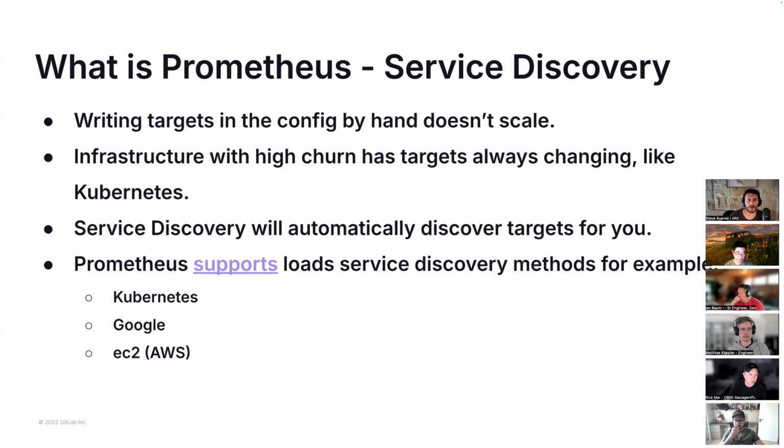Prometheus supports a lot of service discoveries out of the box. The most common would be the Kubernetes service discovery. You just say, hey, I want to scrape all the pods in a specific namespace. You configure that, and Prometheus will do its job and discover all the targets there. There's the Google one for when you're running on VMs, and EC2 for AWS.